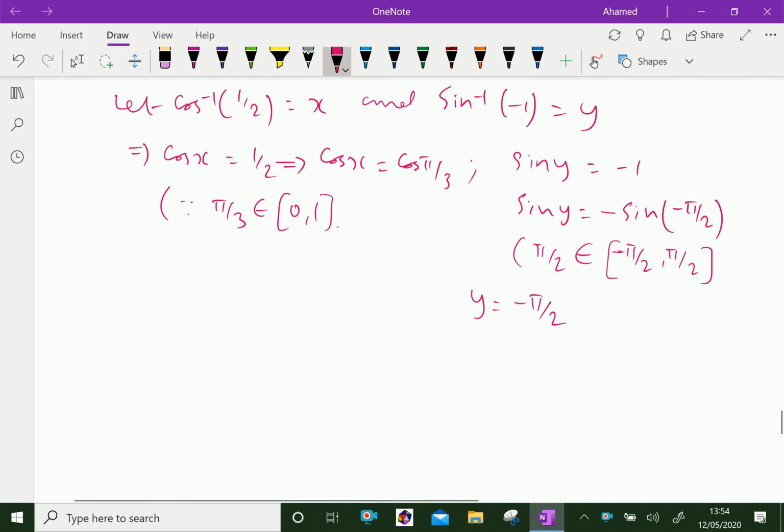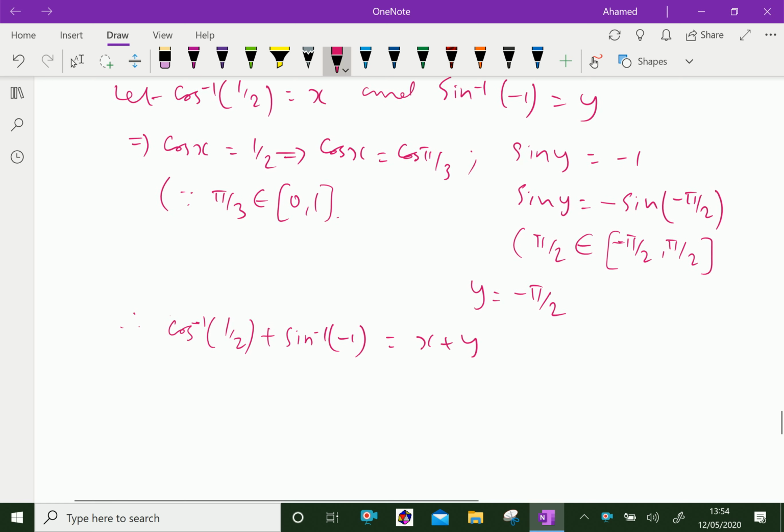Now we can say cos inverse half plus sin inverse minus 1 equal x plus y.